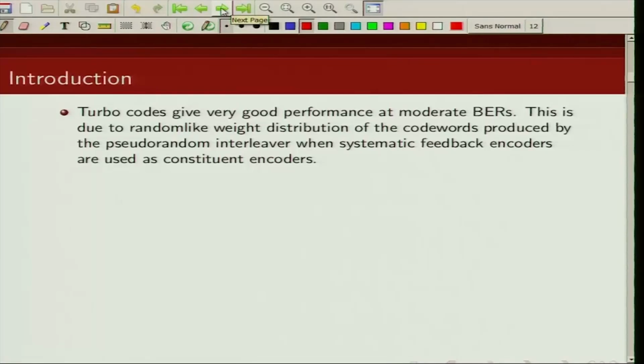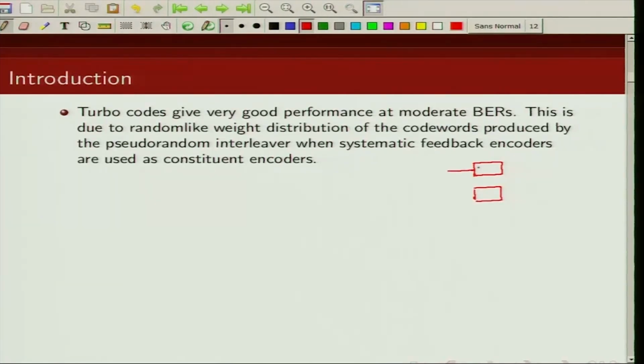So as we know, turbo codes have very good performance at low signal to noise ratio and at moderate BER, and this is due to its random-like weight distribution, which is produced when we consider pseudo-random interleavers combined with systematic feedback encoders. If you recall, a turbo code is a parallel concatenation of two constituent encoders.